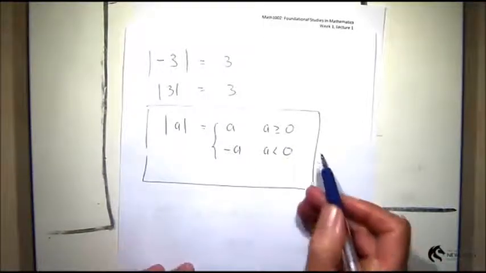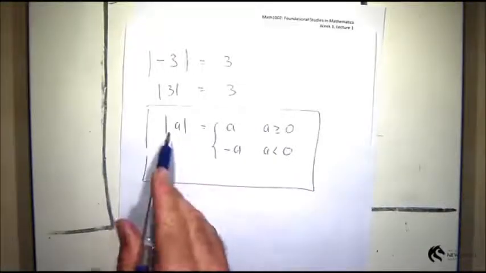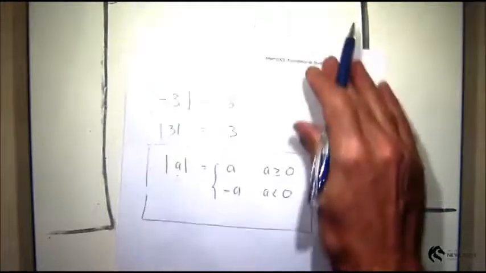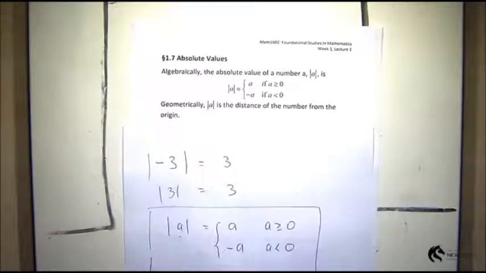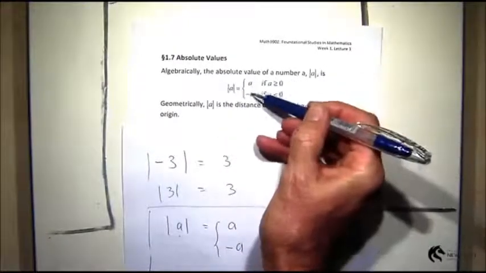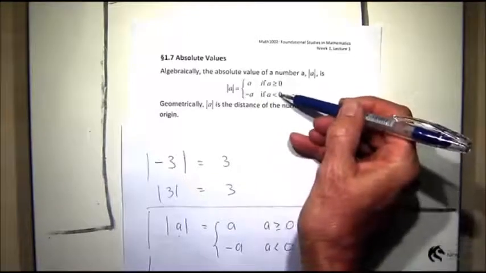That's our algebraic way of handling the absolute value of a number when we don't know what it is. There's our algebraic definition: get your number, check which one of these is true, and then apply the appropriate rule. The rule depends on whether A is positive or negative.